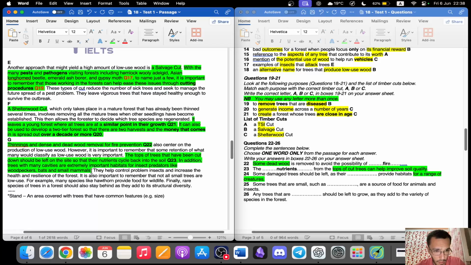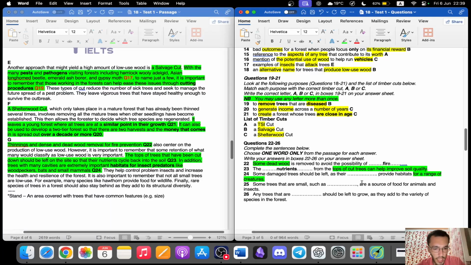So this is question number 24, right? Important habitats for insect predators. There are woodpeckers, bats, and small mammals.